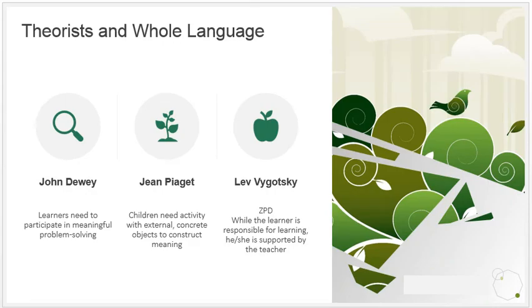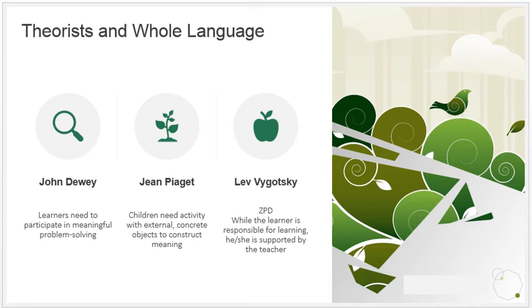So some of the theorists that whole language draws from would be Dewey, and Dewey states that learners need to participate in their learning through solving problems that are meaningful to their lives, and whole language would definitely have this piece in it.